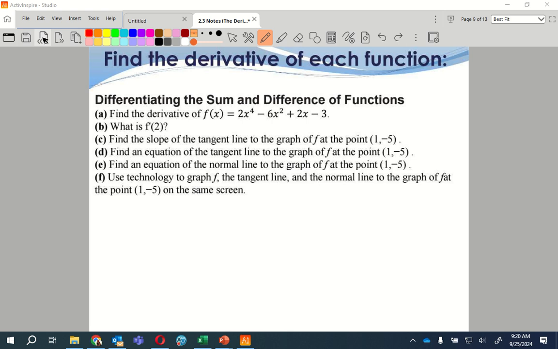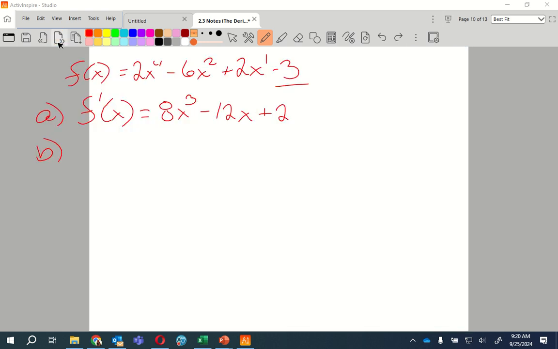Part B says f prime of 2. So I plug this into my f prime: 8 times 2 cubed minus 12 times 2, plus 2. Let me see, that's going to be 8 times 8 is 64, minus 24 is 40, plus 2 is 42.